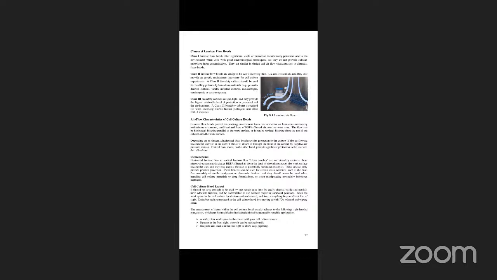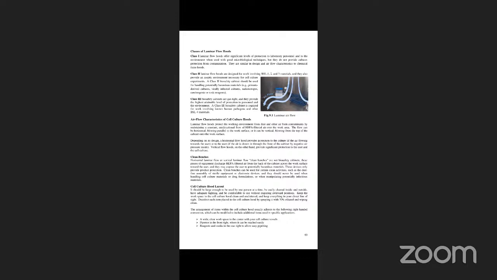Then the laminar airflow protects the working environment from airborne contaminants. Here you will have a filter called the HEPA filter through which the air will flow. Therefore, the air will be filtered and sanitized, so there will be no microorganisms present in the air also.